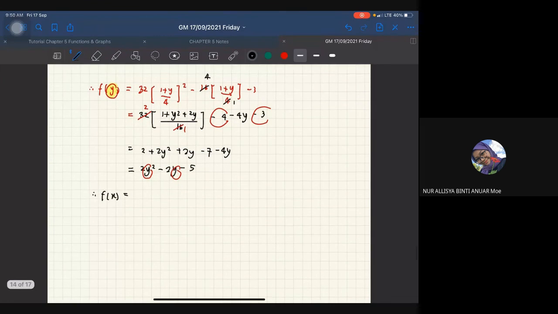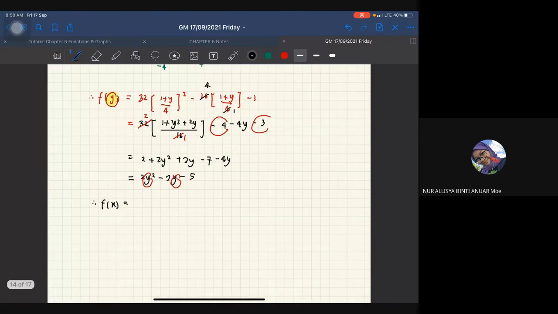Yang tu y tu kan bukan 4y kah? Oh, is it this one? Ni kan? Okay. Ya. So dia akan jadi ni je lah. Negative 5. Okay, betul? Okay, so jawapan akhir awak is 2x square minus 5. That's all.